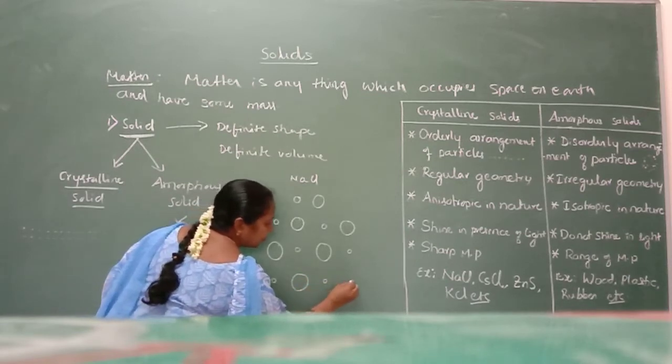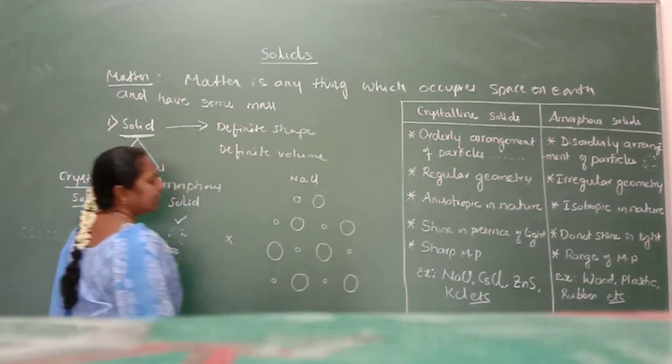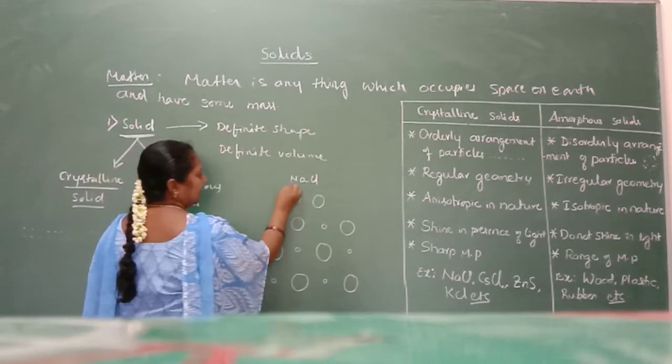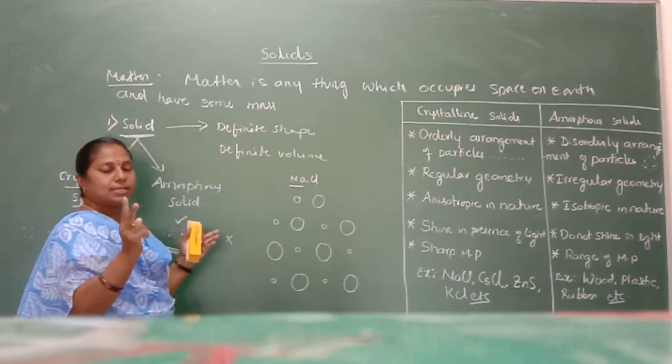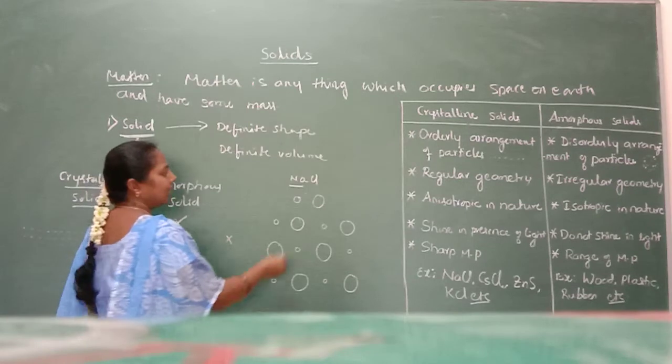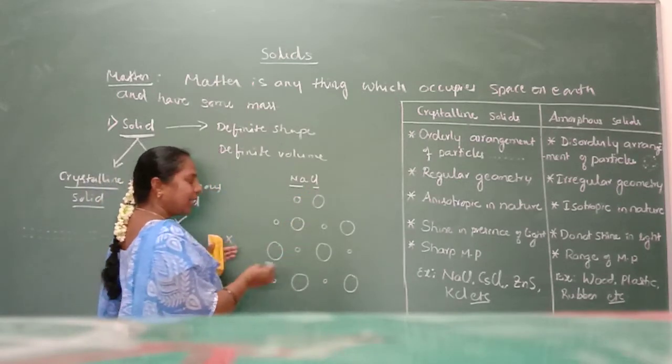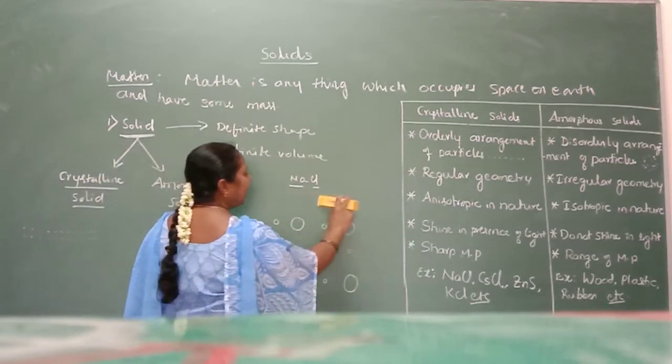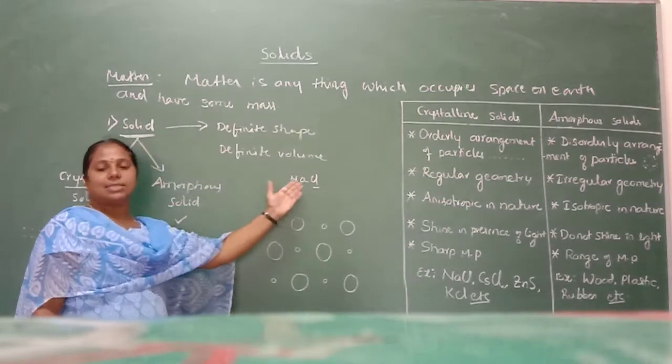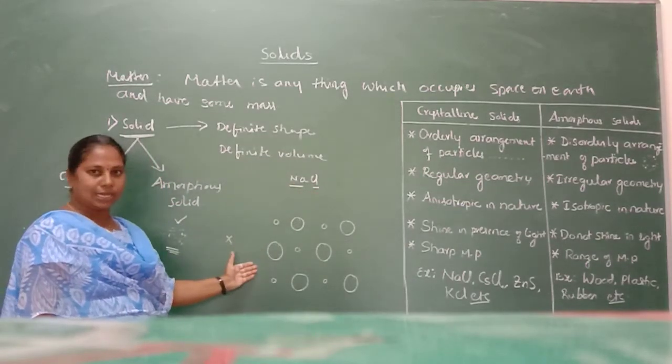Two Na+ ions are not directly linked with one another, and two Cl- ions are also not directly linked. Alternate particles of Na+ and Cl- ions will be present.